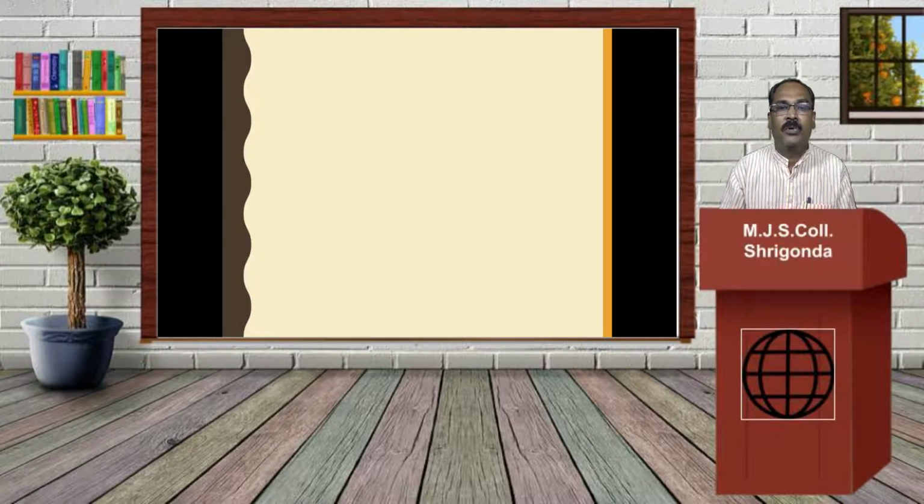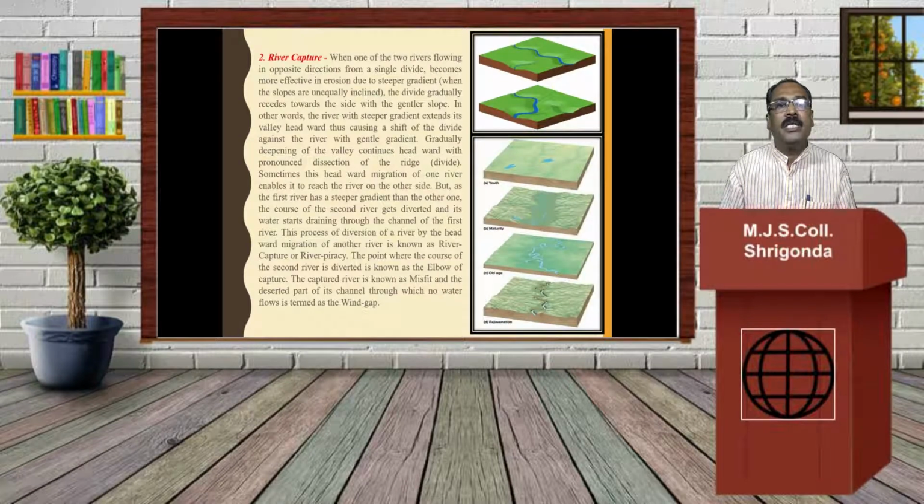River capture: when one of two rivers flowing in opposite directions from a single divide becomes more effective in erosion due to a steeper gradient, when the slopes are unequally inclined, the divide gradually recedes toward the side of the gentler slope.